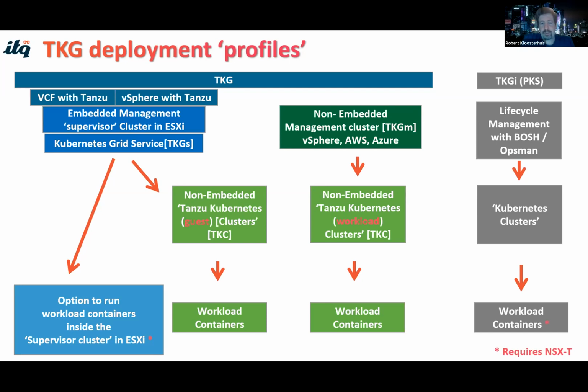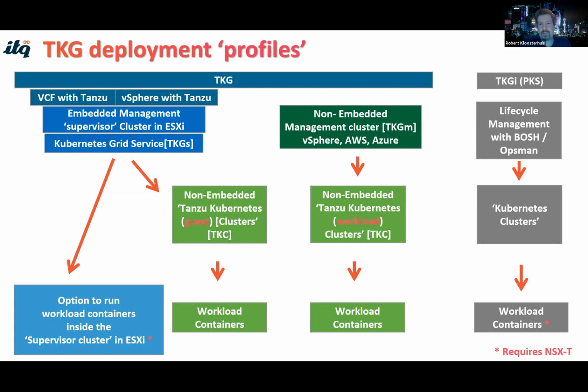The version of Tanzu Kubernetes Grid that is not dependent on vSphere to run, so the version that can run on AWS and Azure, is sometimes referred to as Tanzu Kubernetes Grid M for multi-cloud. And the embedded version of Tanzu Kubernetes Grid, they refer to that as the Tanzu Kubernetes Grid service. Now in this slide, you'll also see on the right a different Tanzu Kubernetes Grid offering.